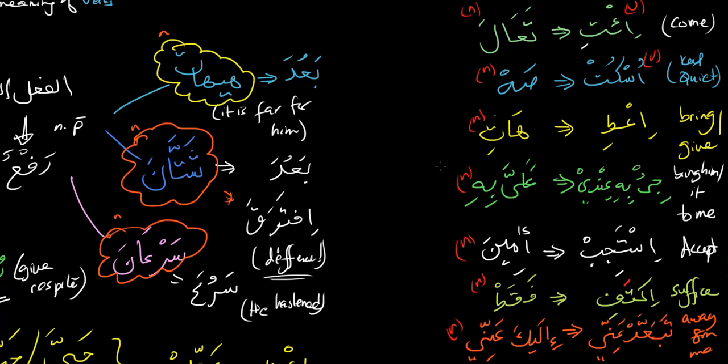Qul hatu burhanakum. Ta'al, ta'aliya, ta'alu, ta'ali, ta'aliya, ta'alna. So some of these change form. For example, hati can change into hati, hatiya for the dual, and then hatu.